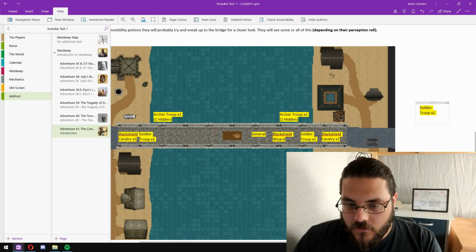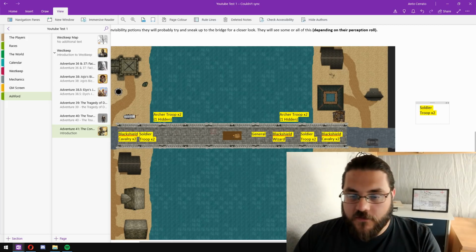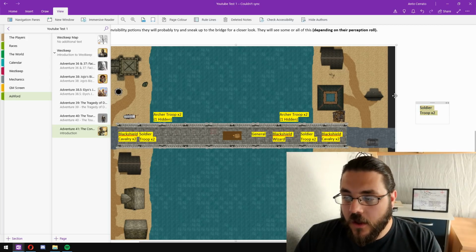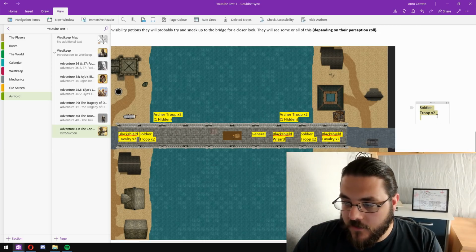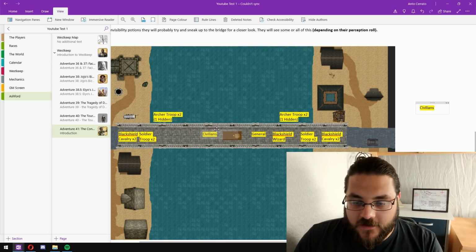And then the cage that previously held the NPC that my party tried to free from this location is still on the map, so we will put in some civilians, because these are the bad guys after all.